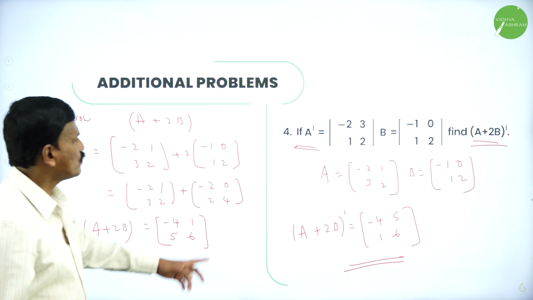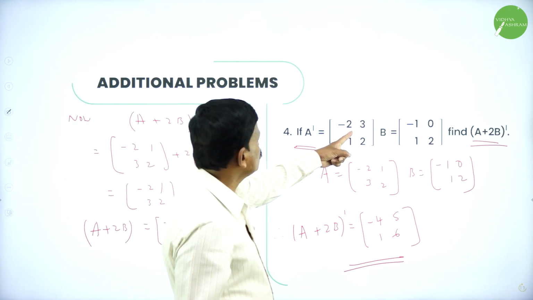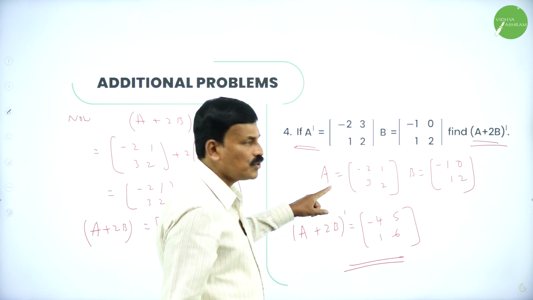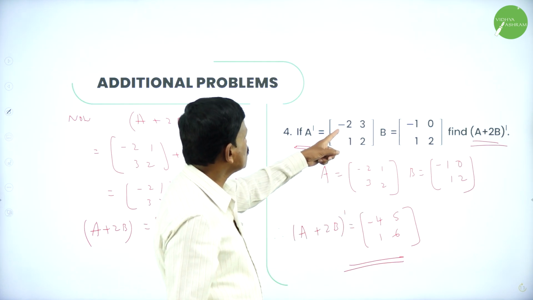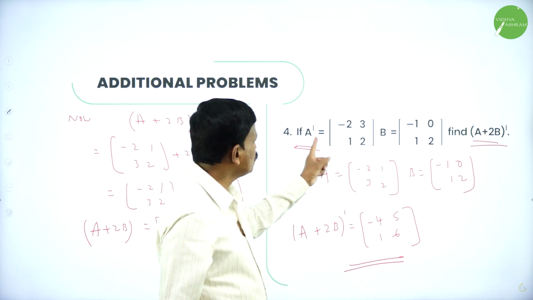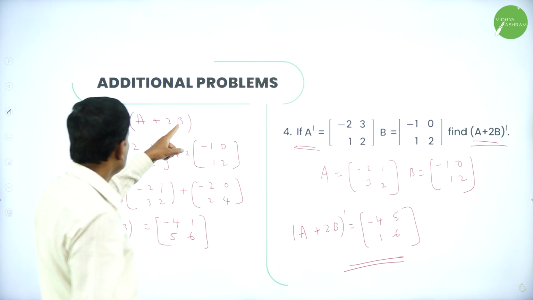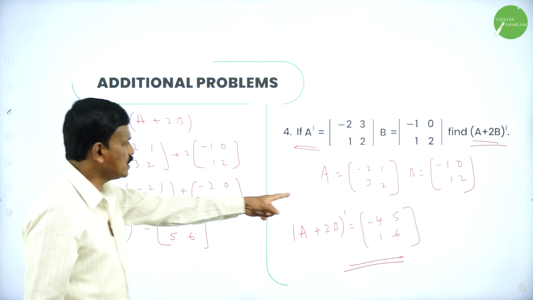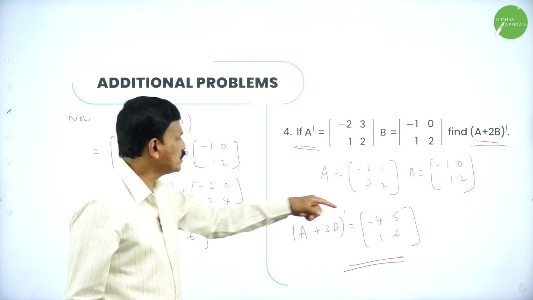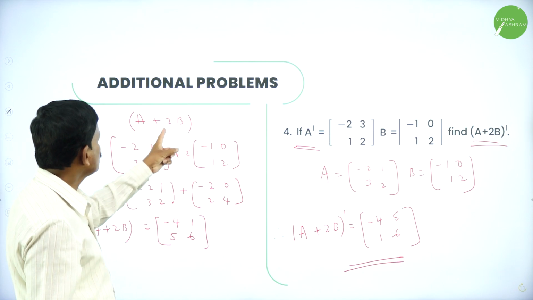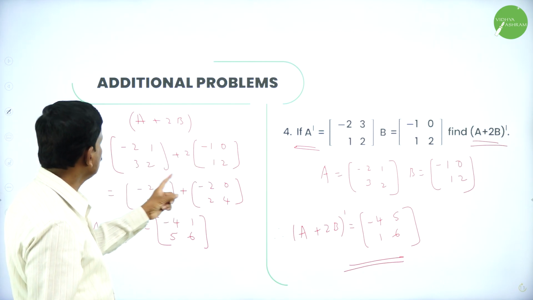Very simple. What is given? A dash is equal to minus 2, 3, 1, 2. Transpose this, you will get A: minus 2, 1, 3, 2. Again B as it is. Find out A plus 2B first. A is minus 2, 1, 3, 2 plus 2 times B, minus 1, 0, 1, 2.